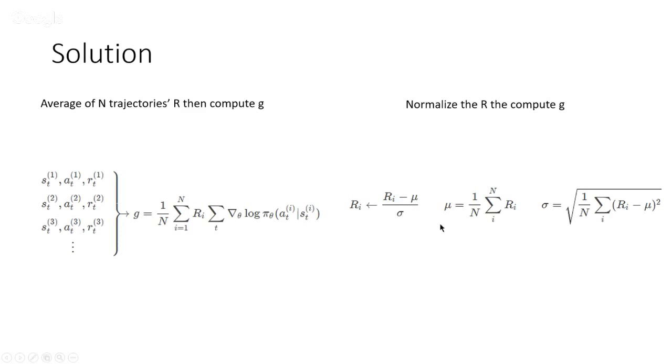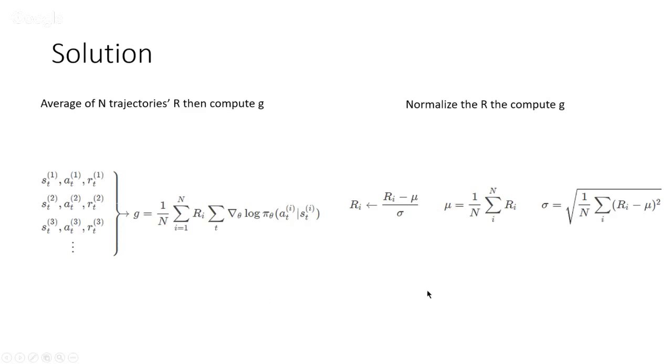Suppose the mean of the rewards of the n trajectories that we collected is 0, and suppose the standard deviation is 1, then when you compute this new individual reward for each trajectory, all those rewards will fit in a normal distribution.